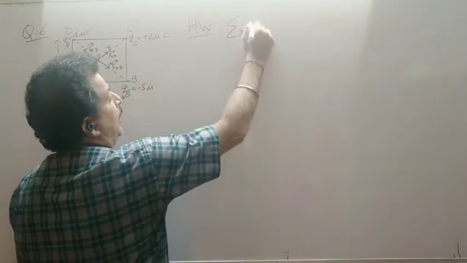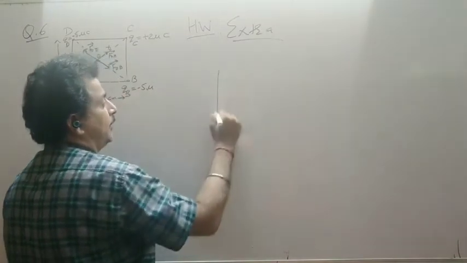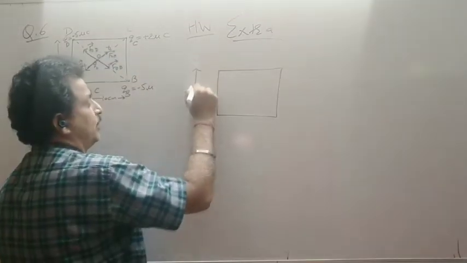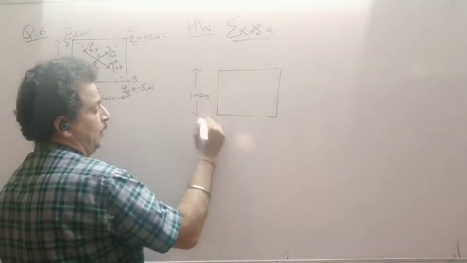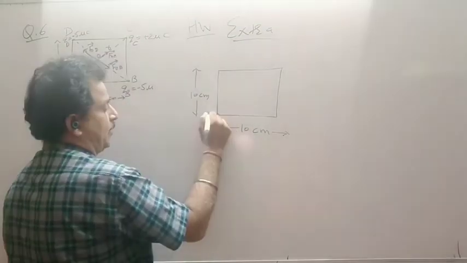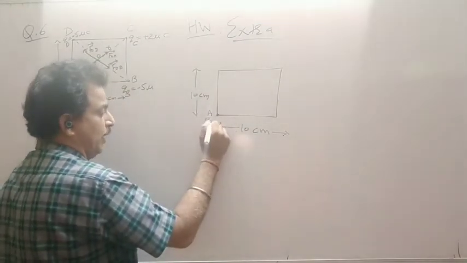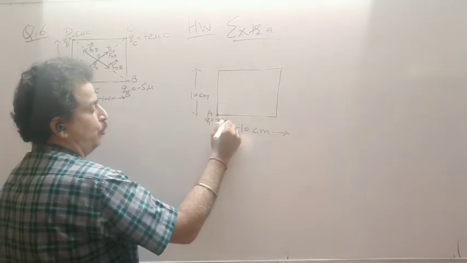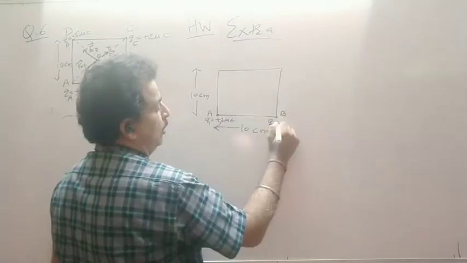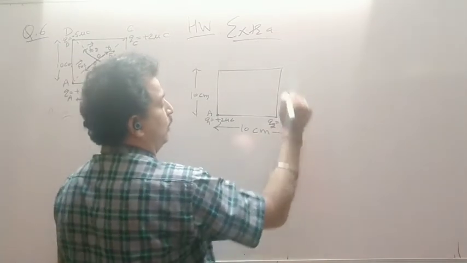So homework as an extra sum, let us again take a square. Let the length of the square be 10 centimeter. Let the charge at A be Q1, plus 2 microcoulomb. At B, Q2, minus 5 microcoulomb.